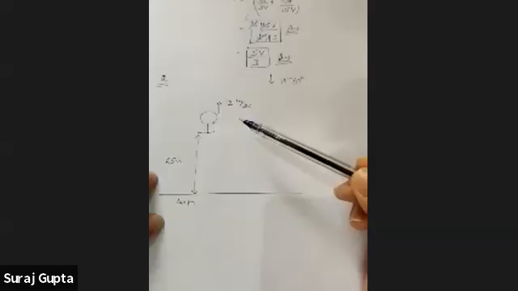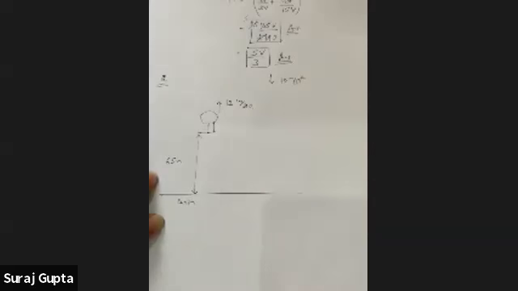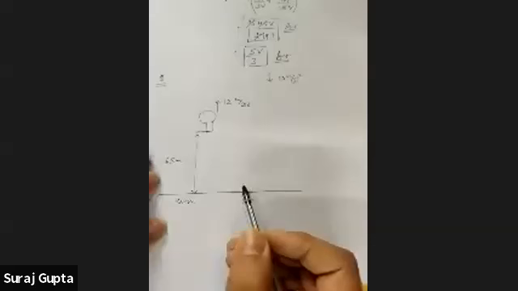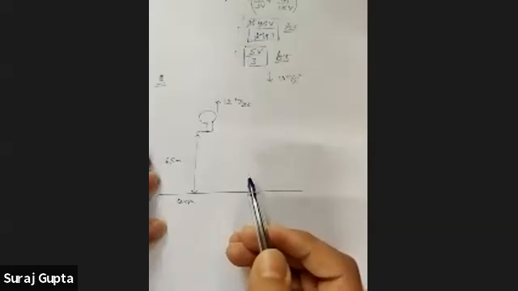As I gave you the example, if we are traveling in a train moving with speed 60 kilometer per hour, and I jump out of the train, I will have the same velocity as that of the train at the instant when I'm jumping out.